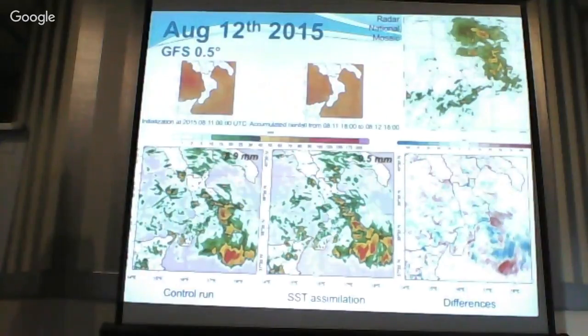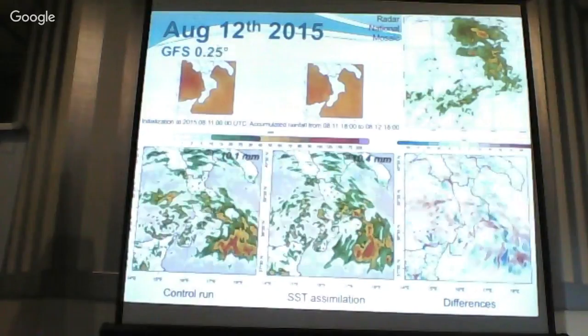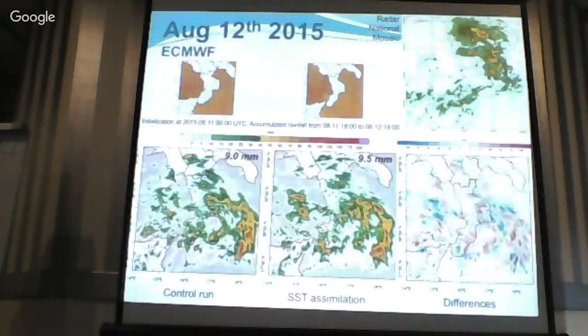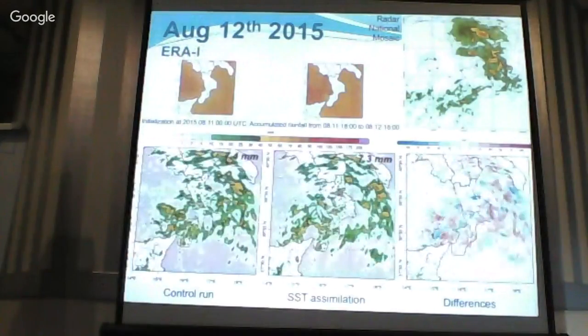This is for GFS 0.5. You see that there is on average more precipitation in the domain with SST assimilation, but not always. This is GFS 0.25. This is ECMWF, and this is ERA-Interim.